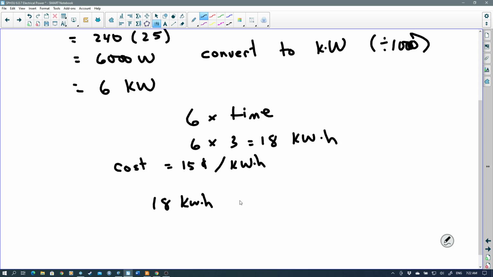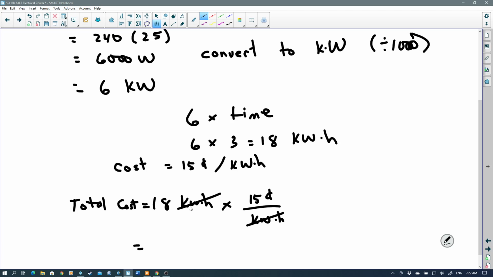But because it's cents per kilowatt hour, if I multiply by 15 cents per kilowatt hour, you'll notice that the kilowatt hours cancel out. And the only value that's left is a money value. So if you want to write this as an equation, we can say that the total cost for this appliance is the amount of power times the amount of kilowatt hours, which is power times time, okay, and multiply that by cents per kilowatt hour.